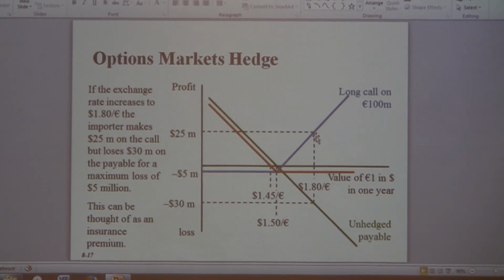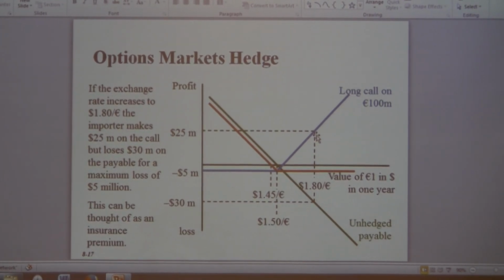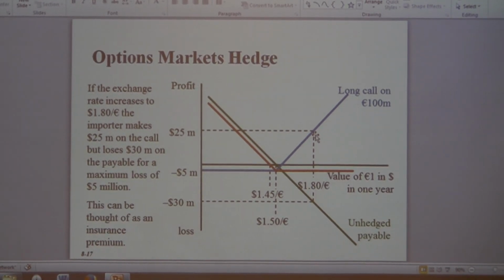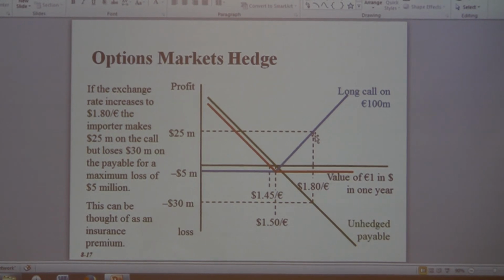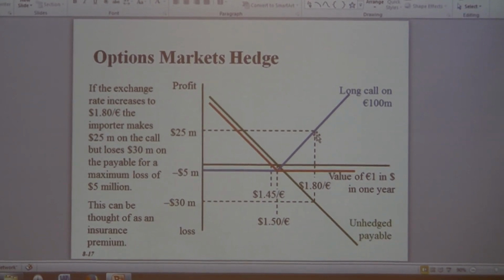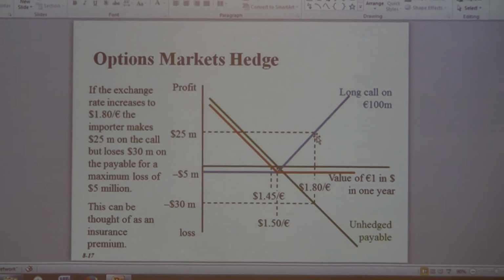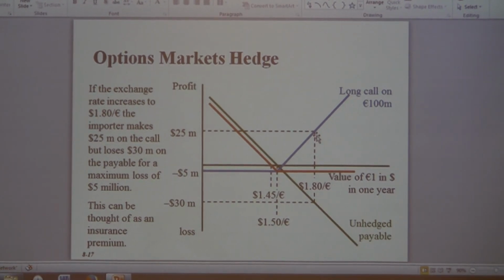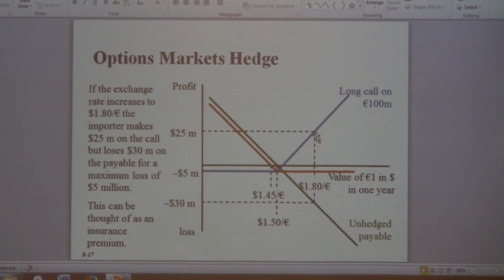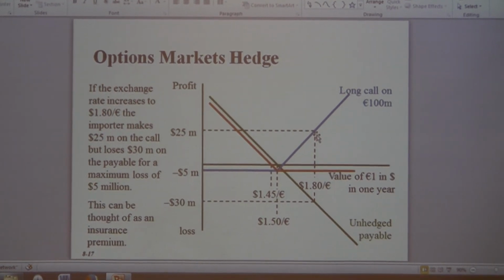But what happens in the options market? So in the options market, the answer is going to be 180, okay, minus 150 minus 0.05. That's what we get here. So on a per euro basis, he makes a profit of 25 cents.